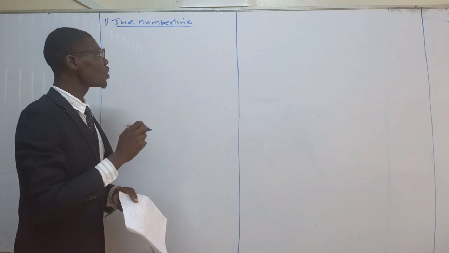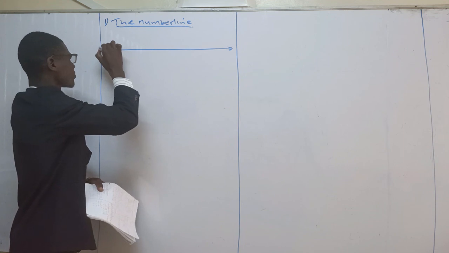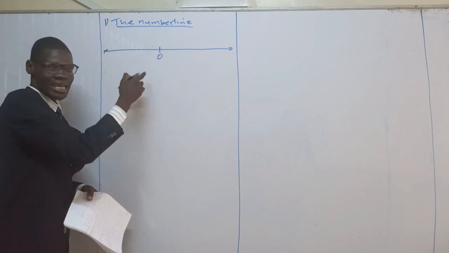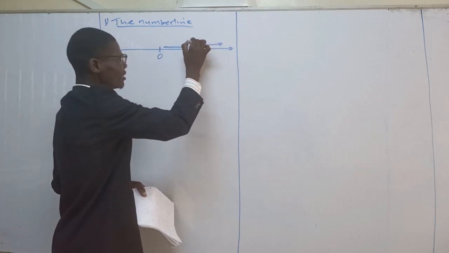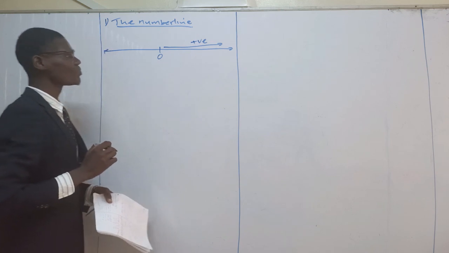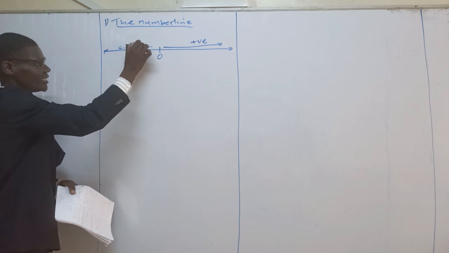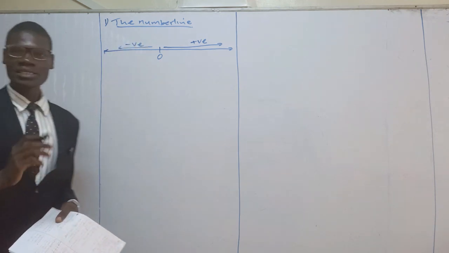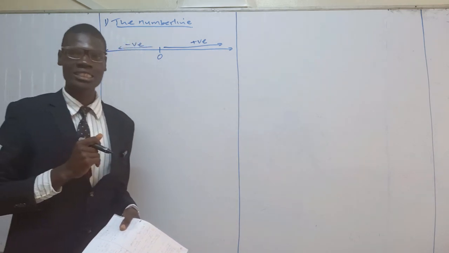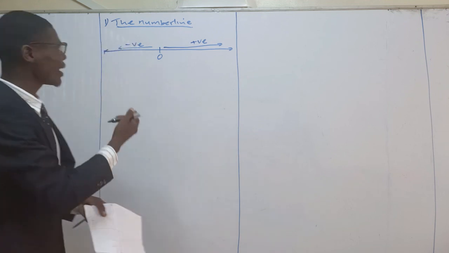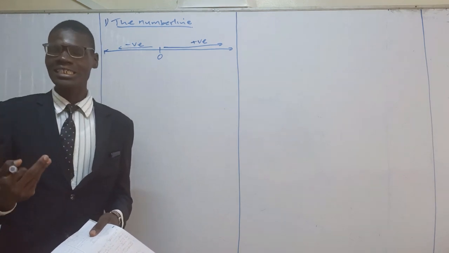When I draw a number line like this one here, with my zero as a reference number, this direction shows the positive integers and this direction shows negative integers. When I move to the right, I am moving towards the positive integers, while when I move to the left, I am moving to the negative integers.